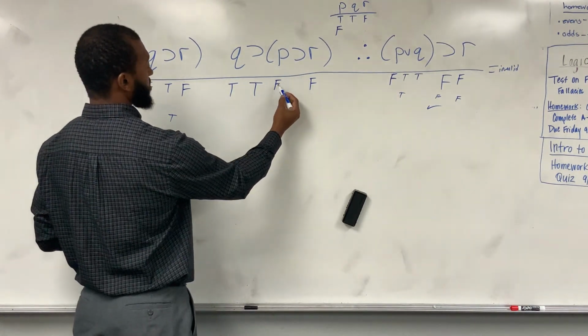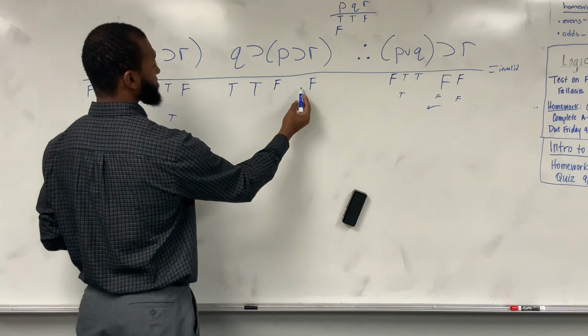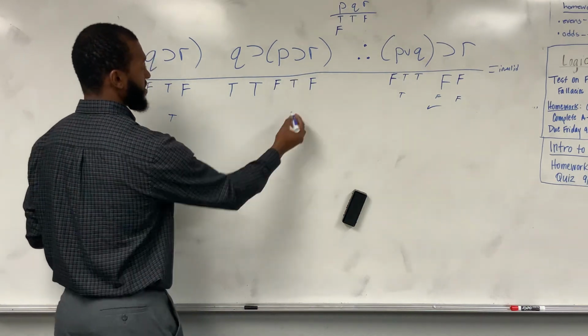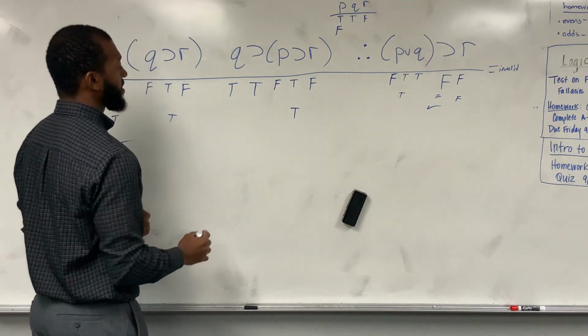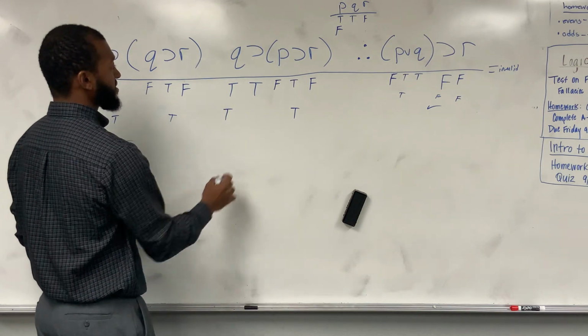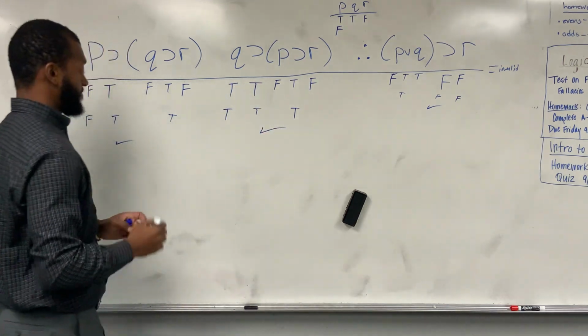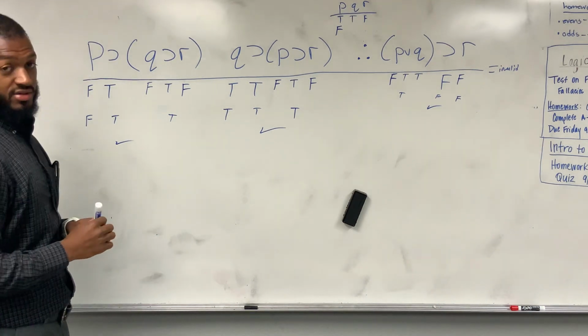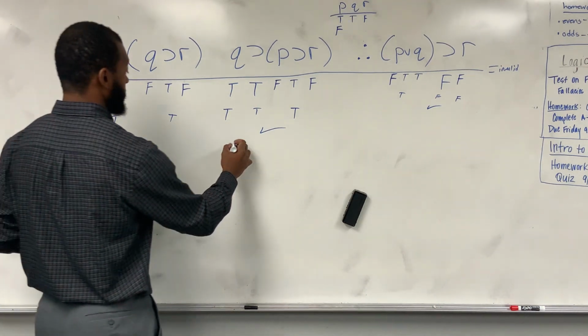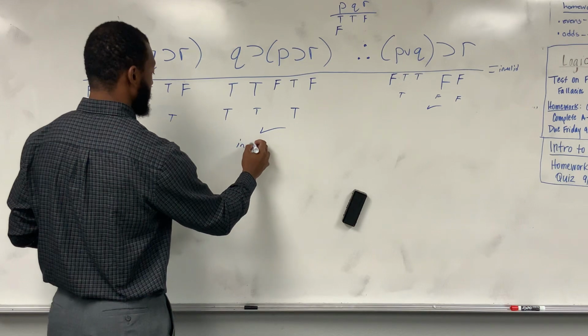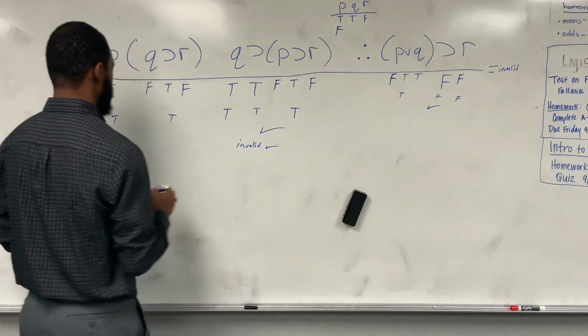So for the conditional, whenever it's false, false, that makes it a true. So I bring this down as the consequent. I bring this down as the antecedent. Conditional says it's true. Look at that. No contradiction, so my guess in the beginning that it's invalid, it stays.